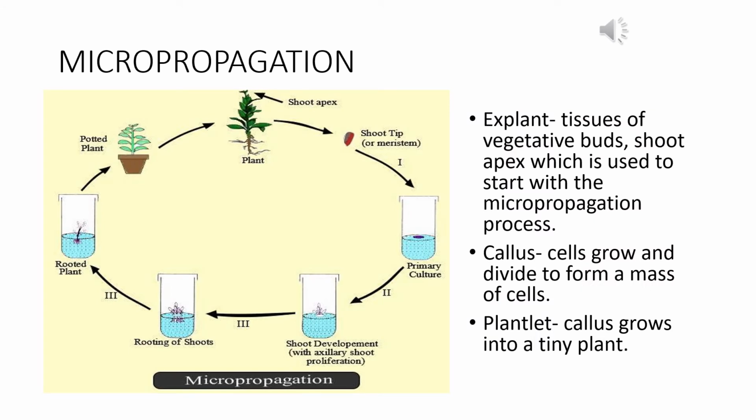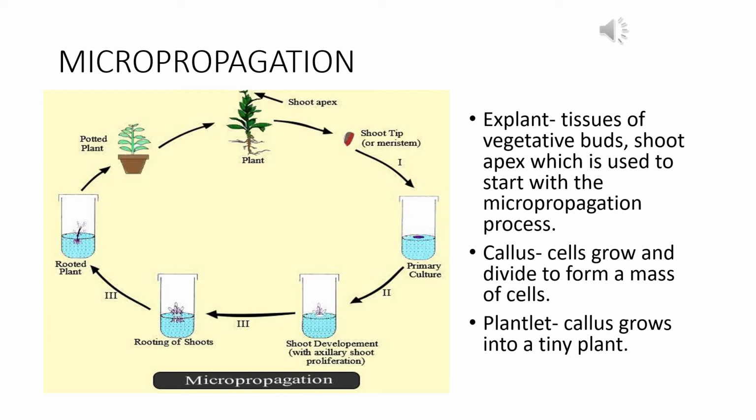The last method of artificial vegetative propagation is the most professional method and is done only in the laboratory. It is called micropropagation. It has a few steps. We take a plant that has a very healthy shoot apex. Now we cut the shoot tip or the meristem.